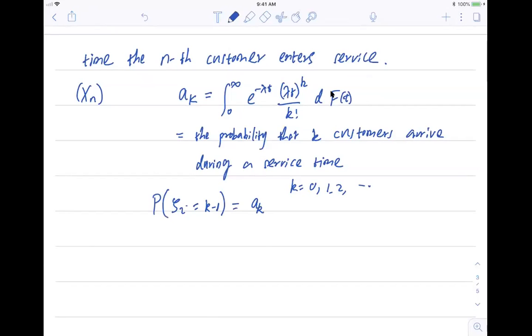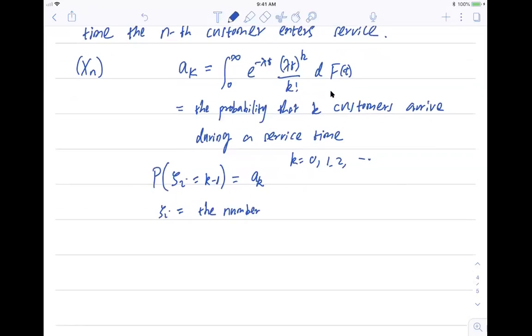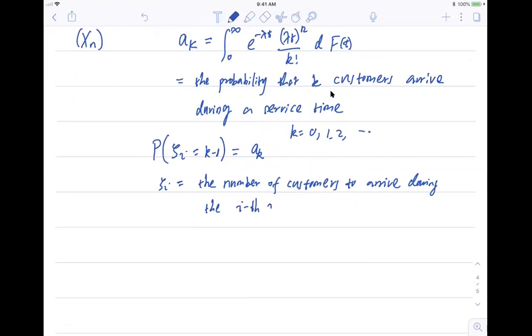So what does this mean? xi_i is actually the number of customers to arrive during the ith service time.